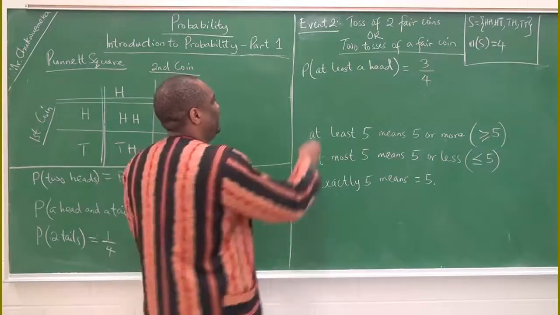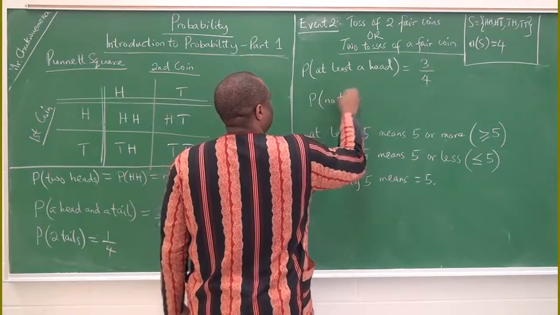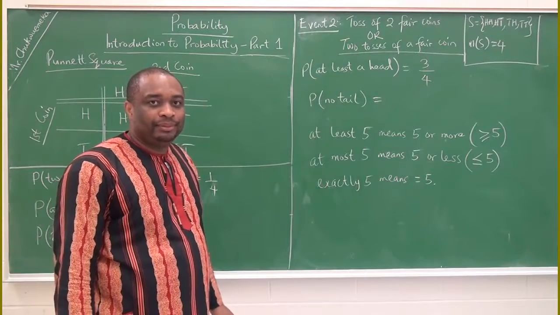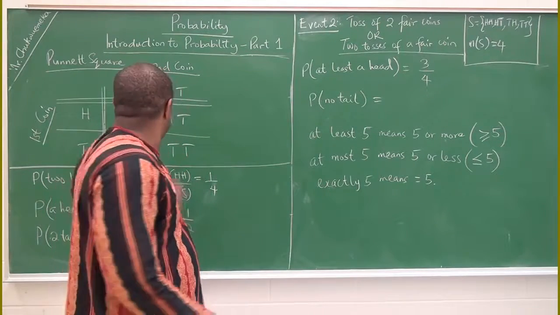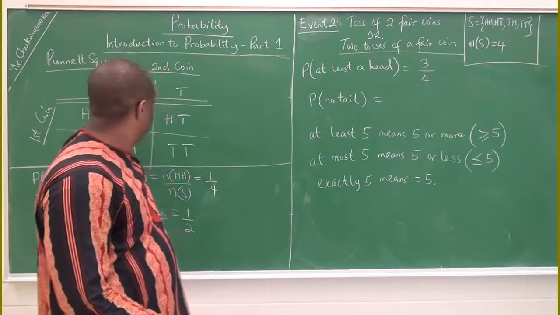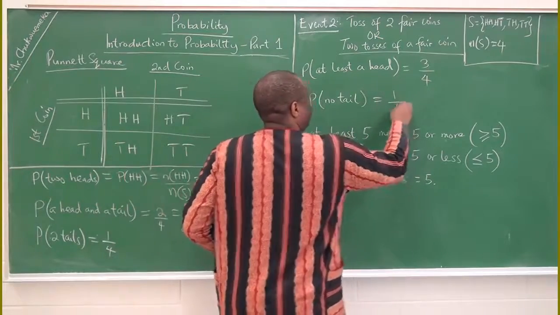If I say probability of getting no tail, that is the same thing as getting no tail at all, which means 1 over 4.